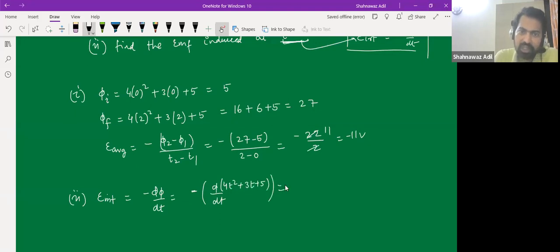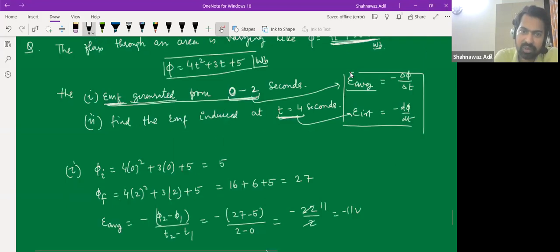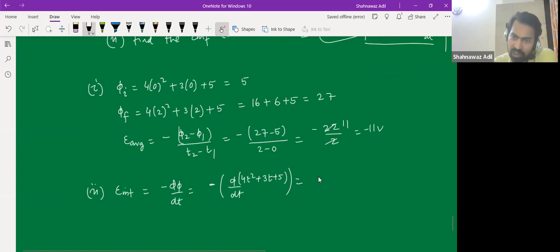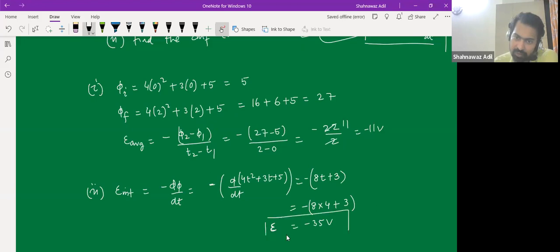So this would be 8t plus 3. And what is the value of t? So this is 8 into 4 plus 3, so this is minus 35 volts. So this is the EMF. Is this part clear, guys?